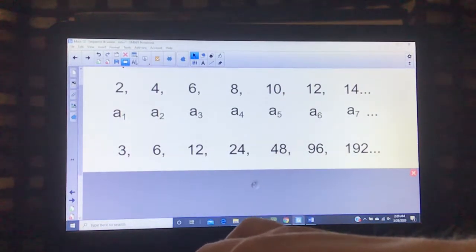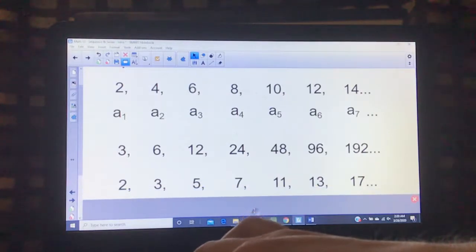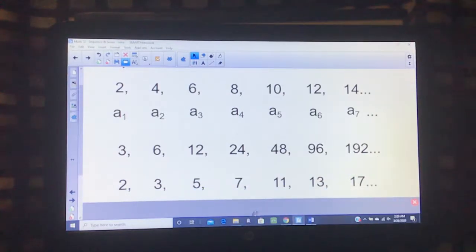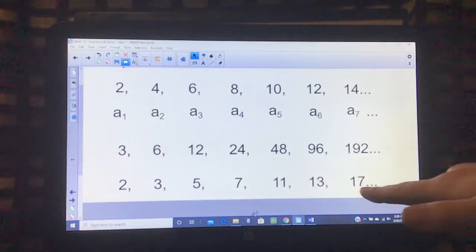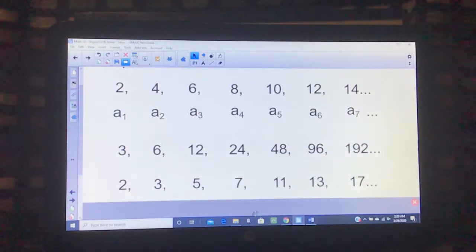Now, some sequences have a pattern. You can come up with the next one, but it's not so easy to calculate what the next one is. This next sequence, you might recognize if you're good with your math numbers. This is the sequence of prime numbers.